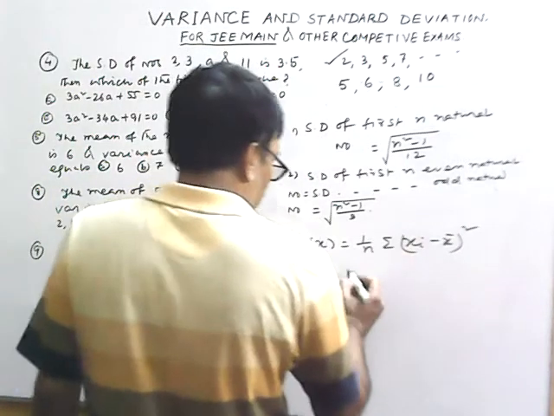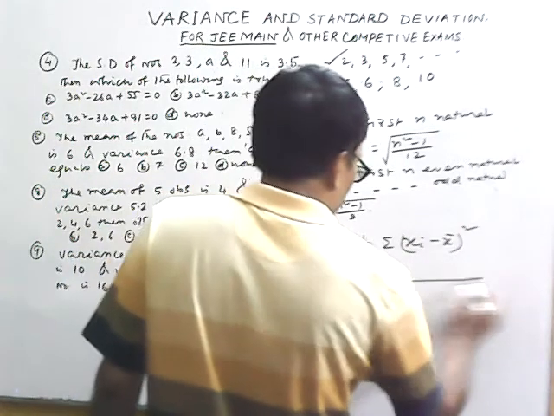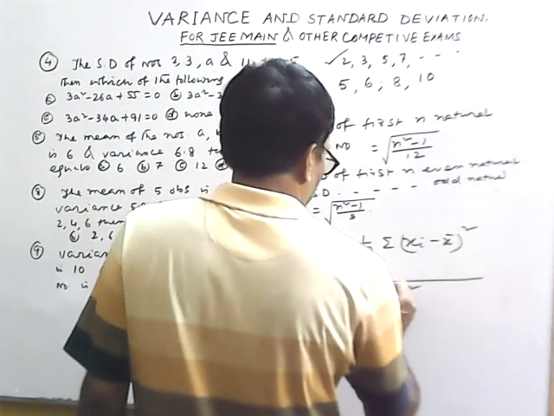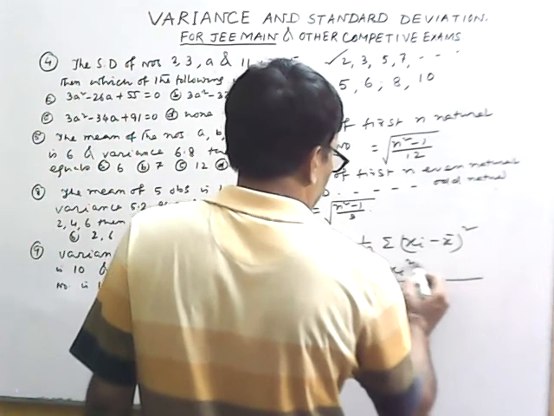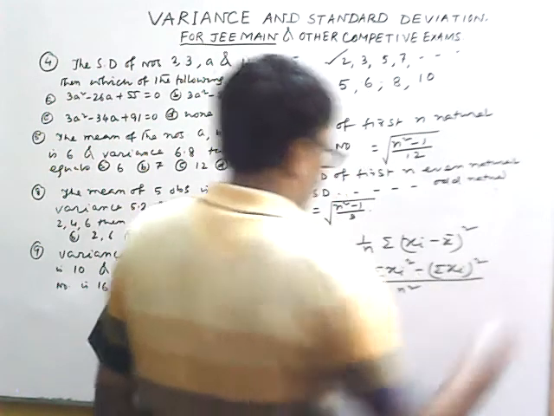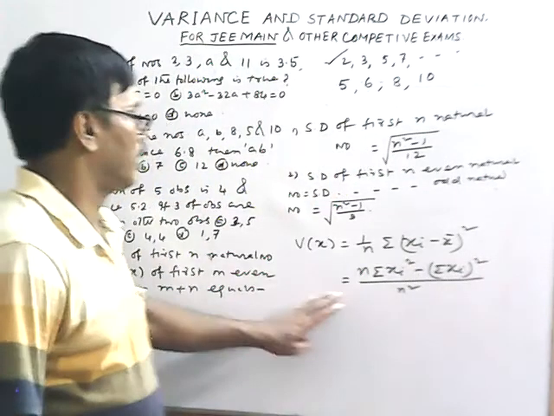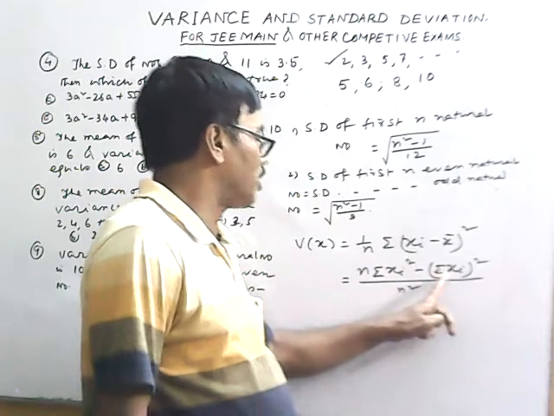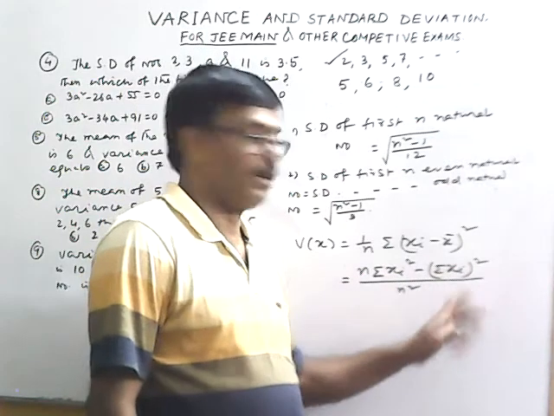If we simplify it, we get the formula in this pattern: n into summation xi square minus (summation xi) whole square. The first is square then summation; the second is summation then square.